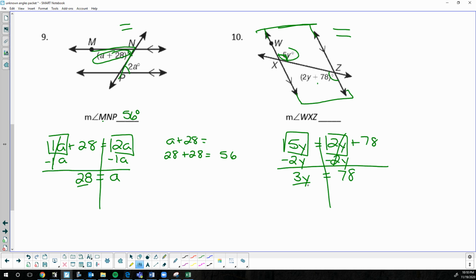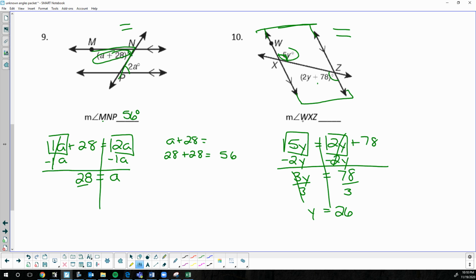Divide both sides by 3. Okay, these cancel out. And you put that in your calculator and you get 26.